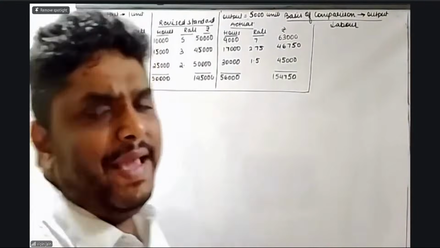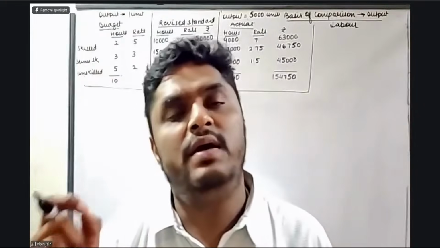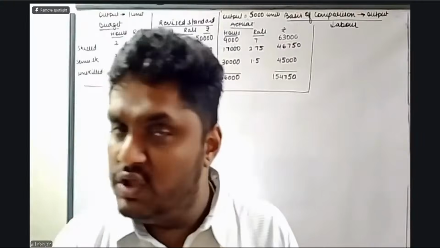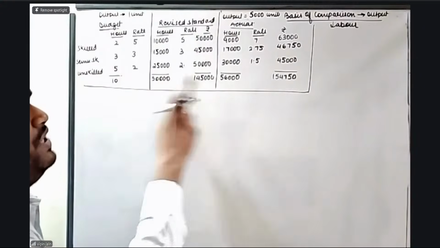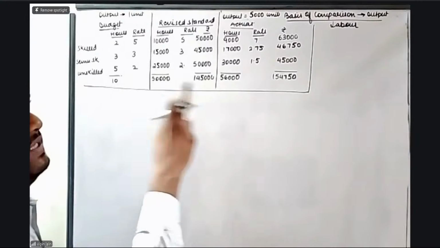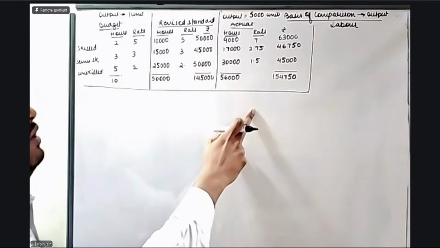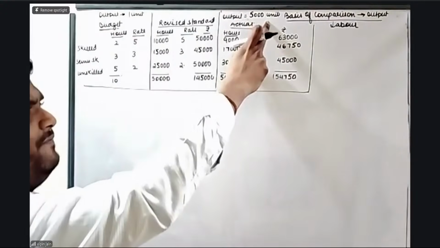So guys, do make a note of it. The concepts are just similar to what we have discussed till now in material variance. What we used to do in material variance, first we used to check the budgeted data and actual data. So in labor also the same thing: budgeted output and actual output. Budgeted data is for 1 unit, actual data is for 5,000 units.